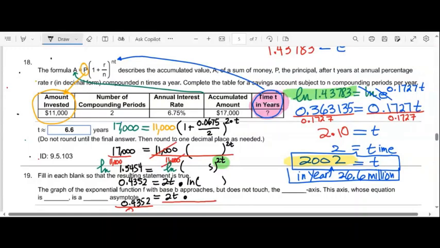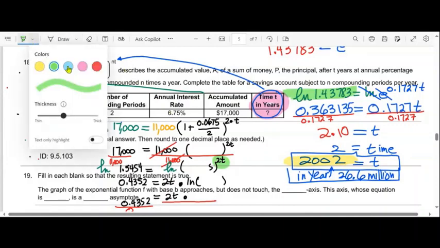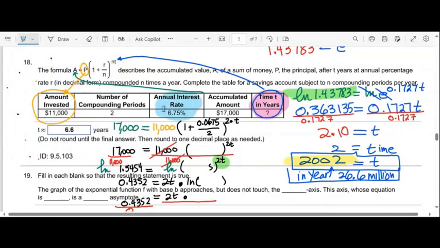Okay, so he's giving you the formula, right? And we need to find out t. T is the time in years, but I already have the accumulated amount, I have the principal, and I have r, the interest rate. And remember, always, what do we have to do with the interest rate? We have to convert it to decimal.